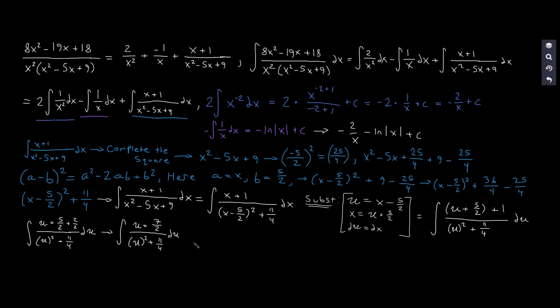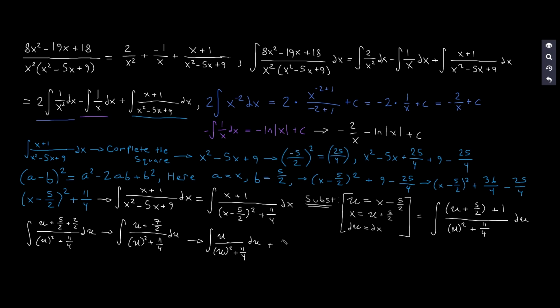And then at this point, we can split the integral. So let's let the first integral be u over u squared plus 11 over 4, integration with respect to u, and then plus the indefinite integral of 7 halves over u squared plus 11 over 4.